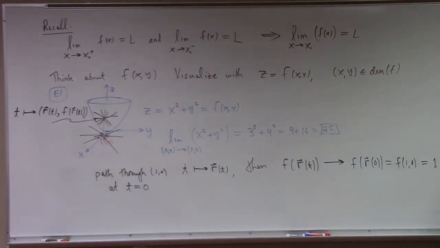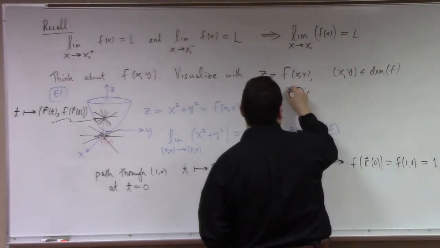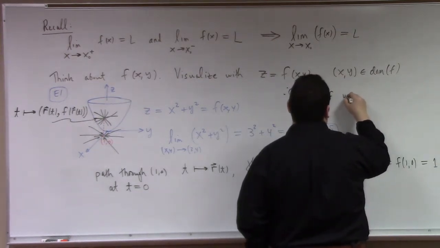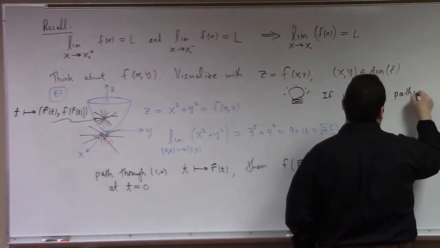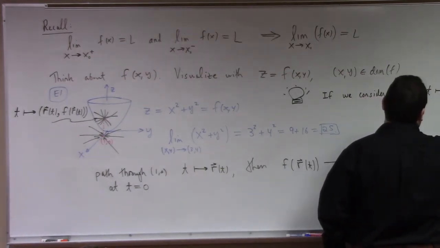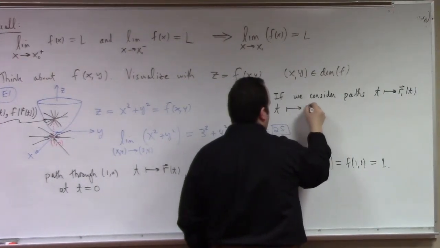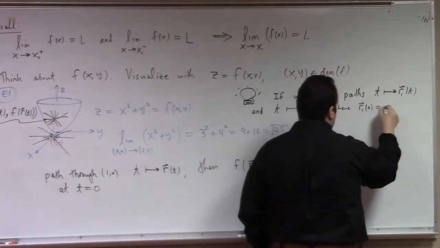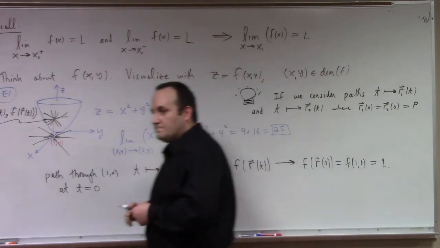Here's the thought. If we consider paths t maps to R1 of t, and t maps to, say, R2 of t, where R1 of 0 equals R2 of 0 equals the point in consideration p, right?